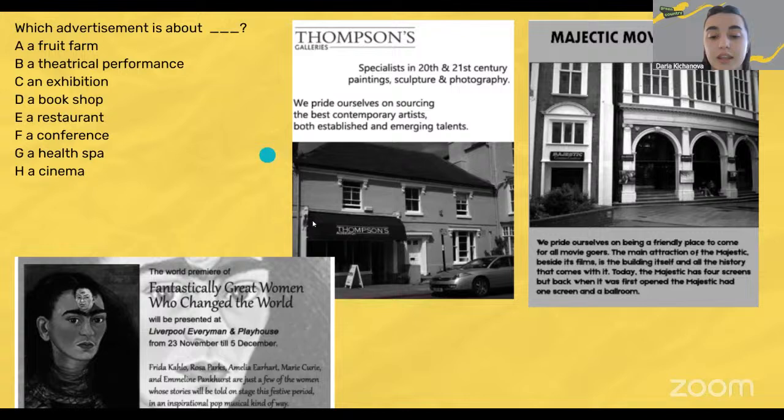Okay, now I want you to pay your attention to this small word, galleries, that may help us, and the word artists. So here it won't be a theatrical performance.